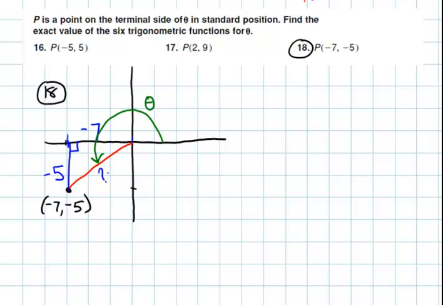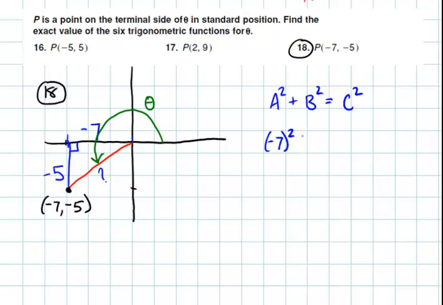In any right triangle, if you have two sides but are missing the hypotenuse, all you have to do is the Pythagorean theorem. So this time I have A and B. I just need C. Remember, C is the hypotenuse. So we'll call A -7.